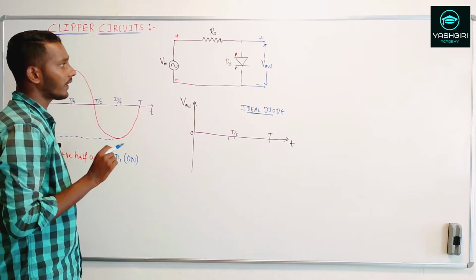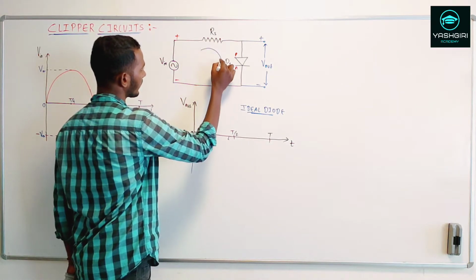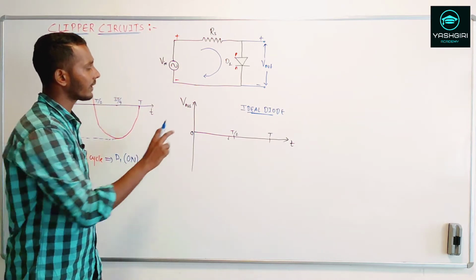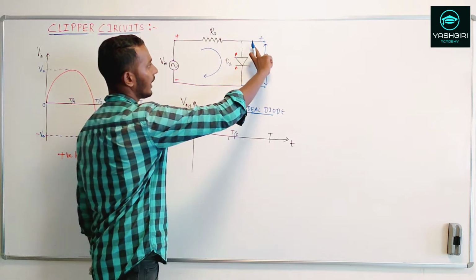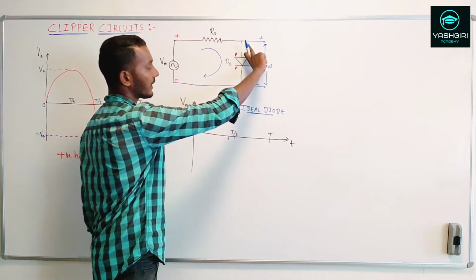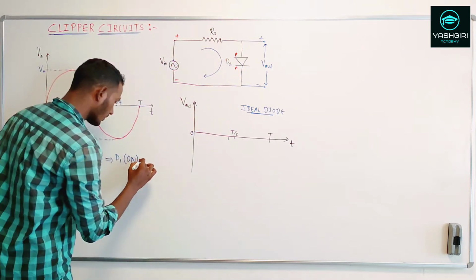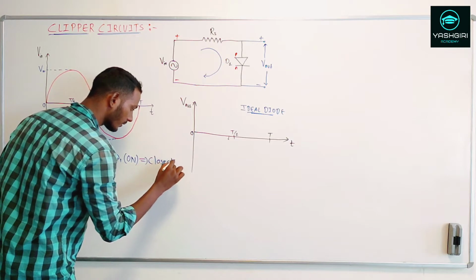When the diode D1 is in the on mode, the current will start flowing. The current direction will be like this. And this time we are considering an ideal diode, so we can neglect the 0.7. When you measure the V out across this diode, it will act like a short circuit, a closed circuit.